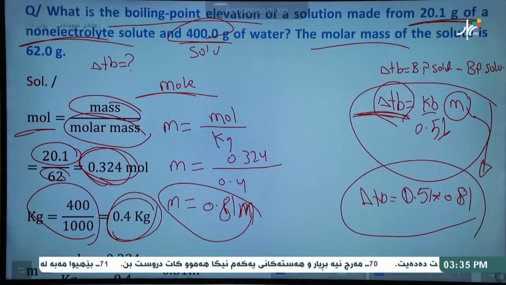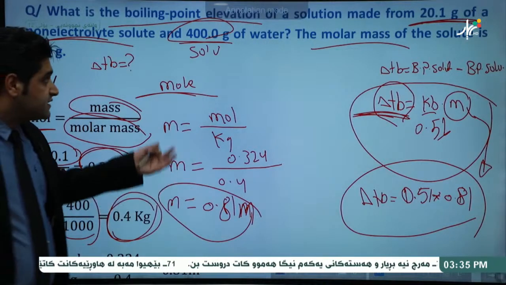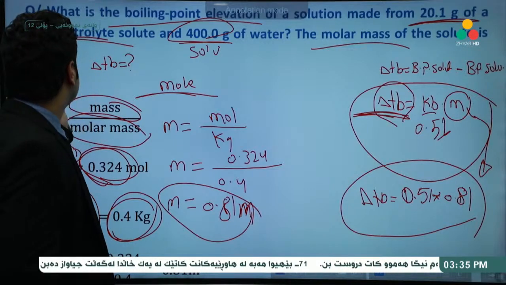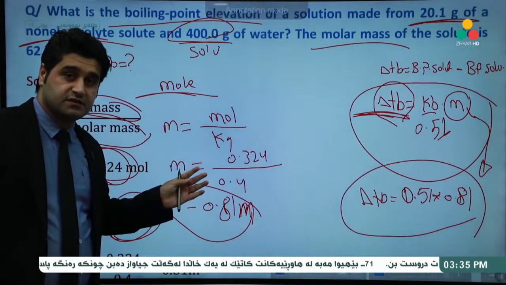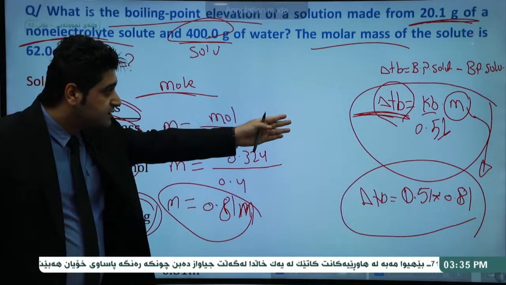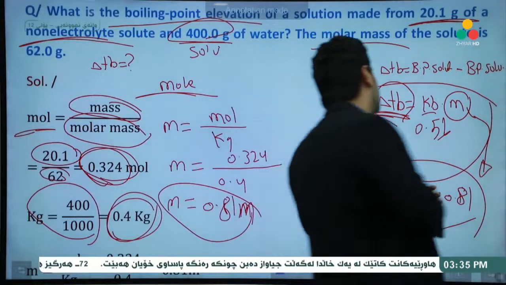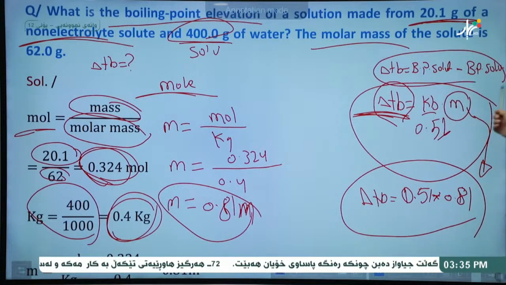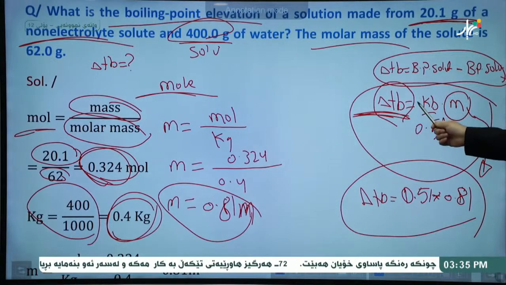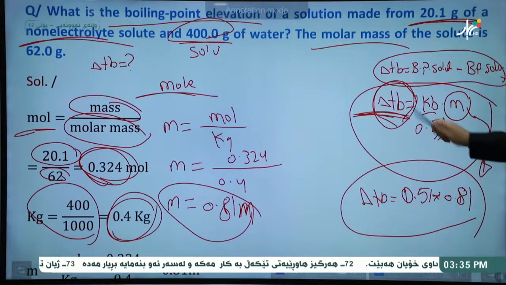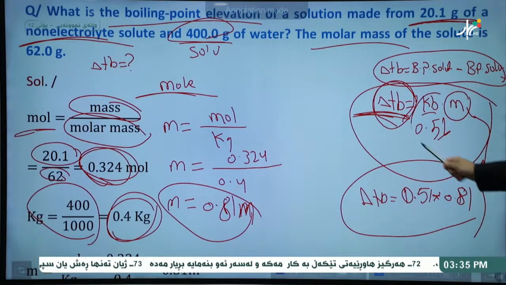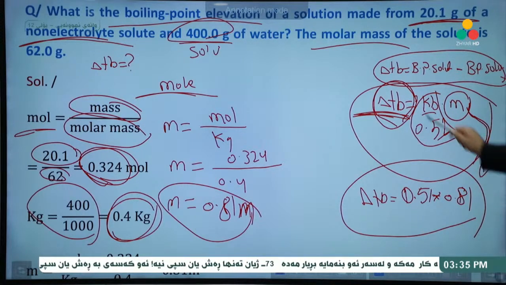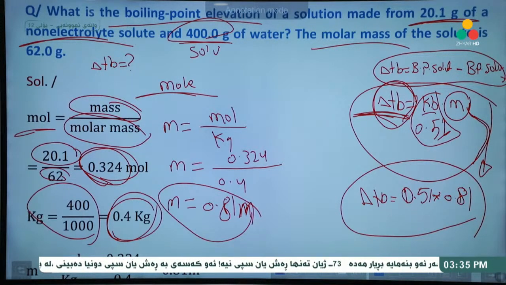There are no difficult things in a question about colligative properties. Just write the equations and everything will be clear, because we have only 2 equations. We have to get the value of delta TB. We have Kb, so if we find out the value of molality, immediately we can get the value of delta TB.